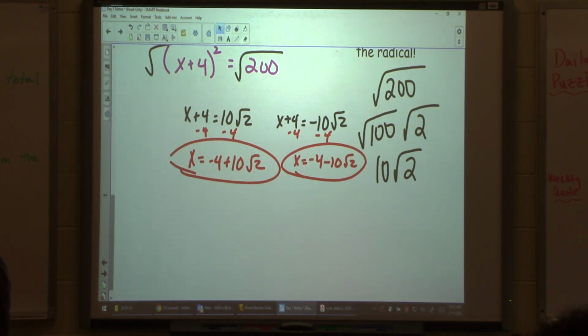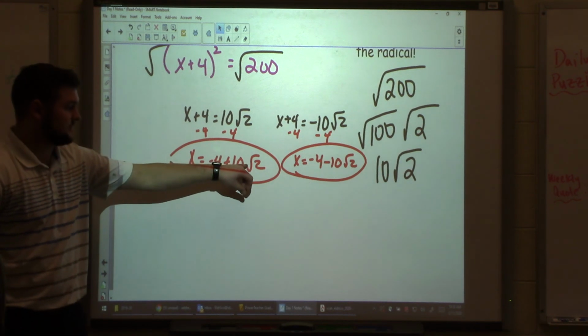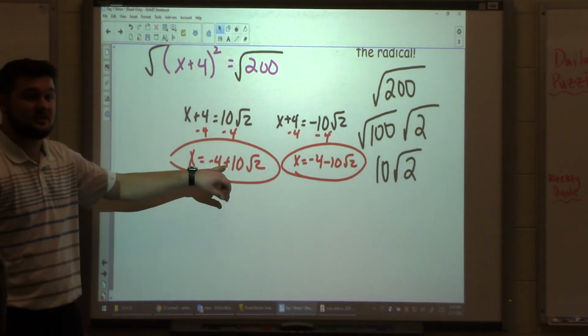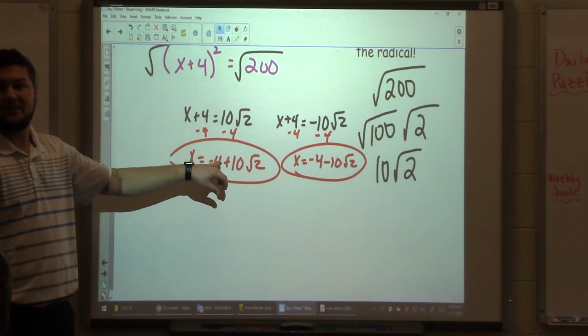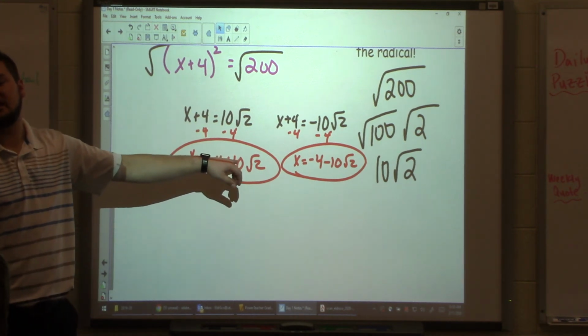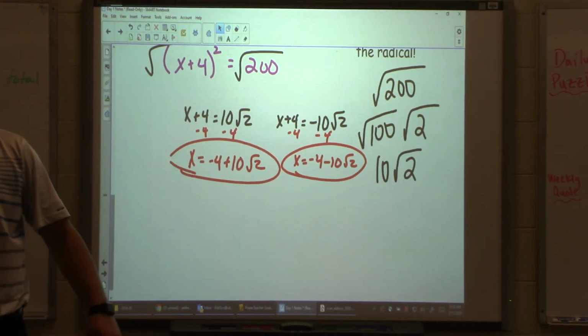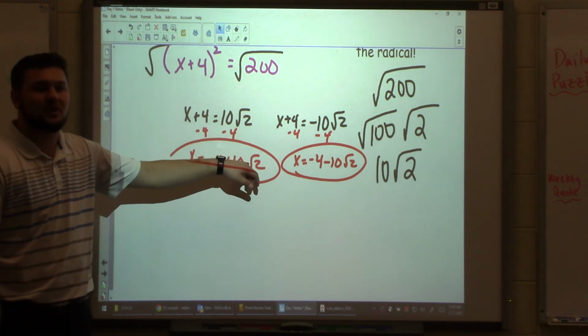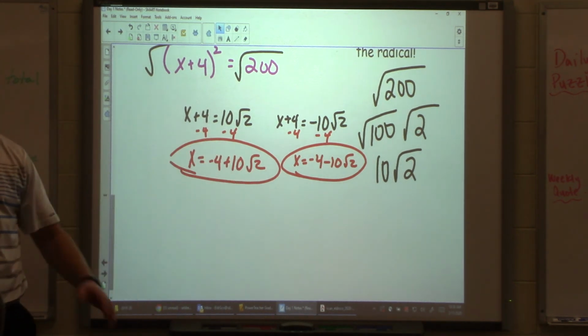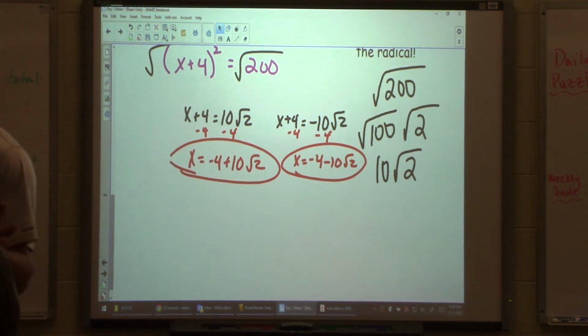Why can't you do that? Because that's its own thing. If you think about order of operations, I have multiplication here. Can I do addition before the multiplication? No. So that's why I can't add or subtract those. That's my final answer.